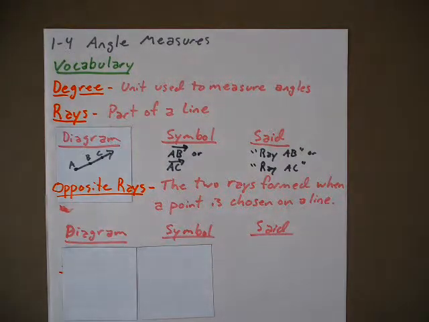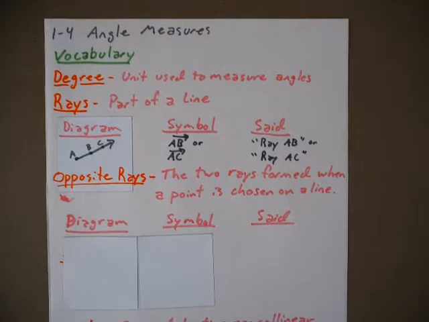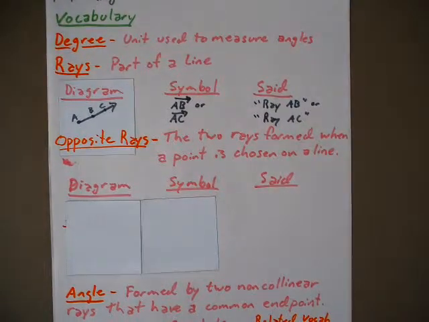And that brings us to our third vocabulary word, which is opposite rays. An opposite ray is really just another way of discussing what a line is. So let's take a look. The official definition: opposite rays are the two rays formed when a point is chosen on a line.